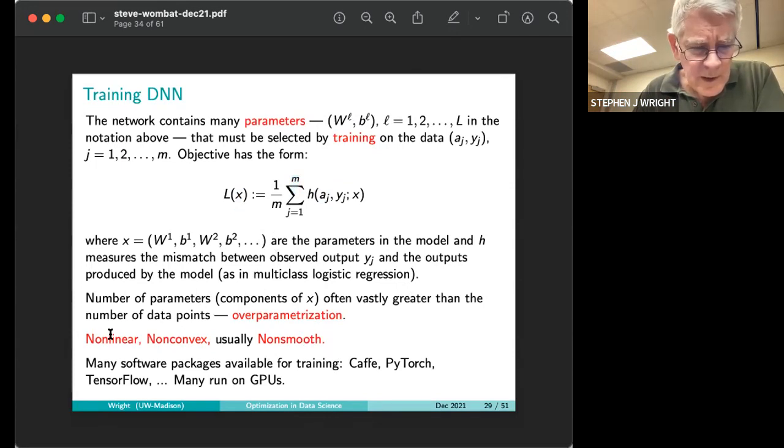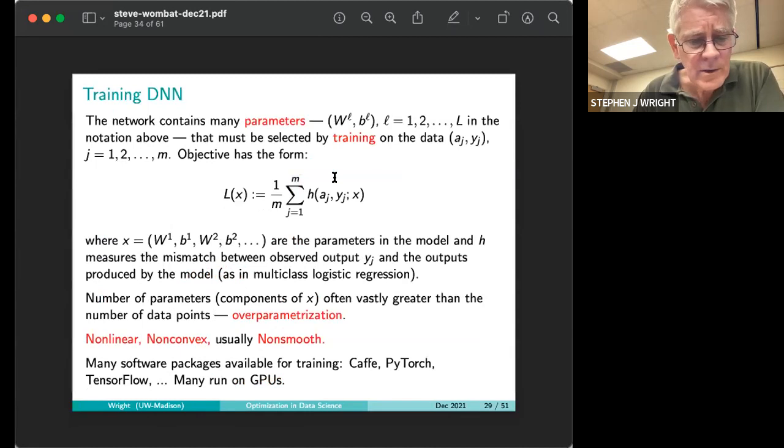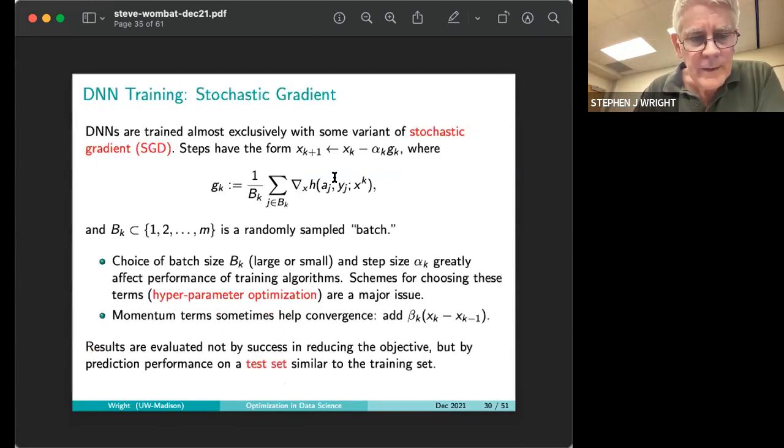And this training function is now not linear anymore, it's not convex anymore, and it's not even smooth. When you're doing this ReLU operation, this is not a smooth operation. But nevertheless, they apply just a gradient type method, stochastic gradient, to minimize L and find the optimal weights.